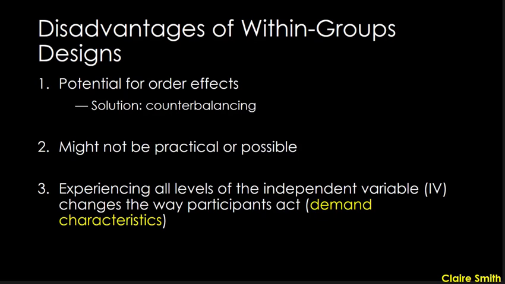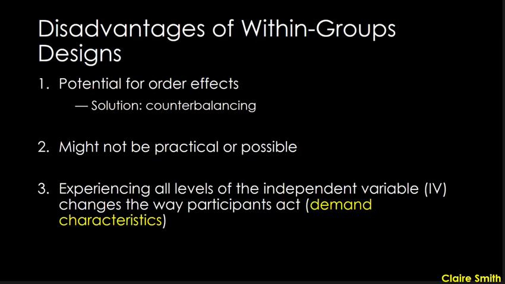Also, sometimes if participants experience all levels of the independent variable, it can change the way they act. This is known as demand characteristics. So for example, if you have participants seeing how much pasta they take from a medium bowl or a large bowl, and you have them take it from a medium bowl first and then a large bowl second, it might be pretty easy for them to figure out what's going on.